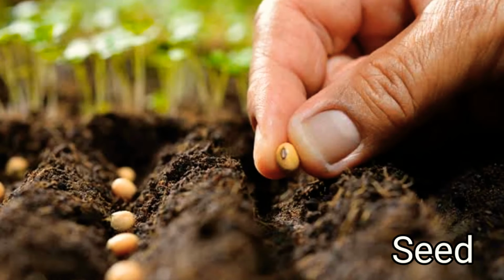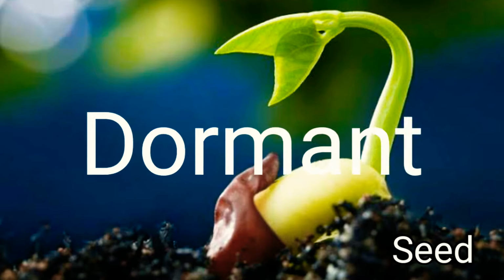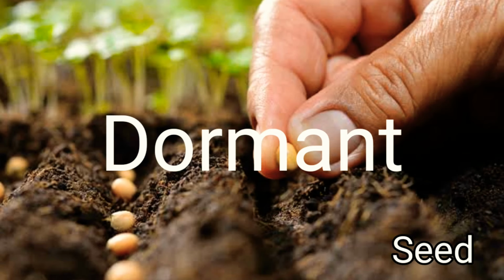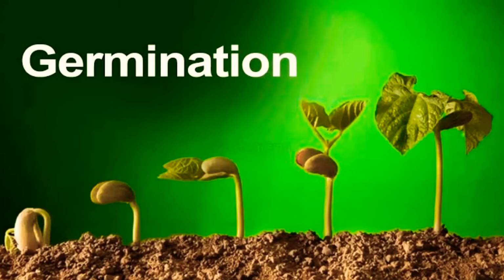The next stage is germination. Did you know before a seed germinates, it is dormant? Or it means alive but inactive. For germination, seeds need suitable conditions like water, correct temperature, and the right location, such as soil.